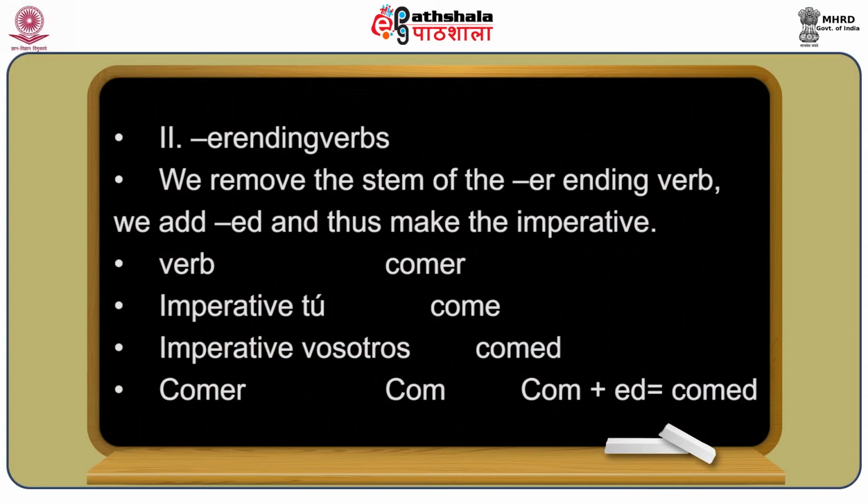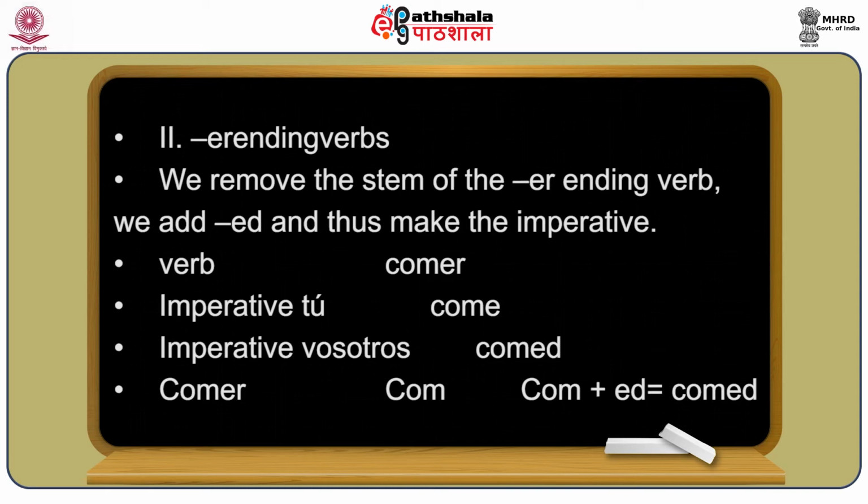Now for ER ending verbs, we remove the ER and we just add ED and thus make the imperative. So comer, we remove this ER and we add ED, that becomes comed, that is com plus ED.